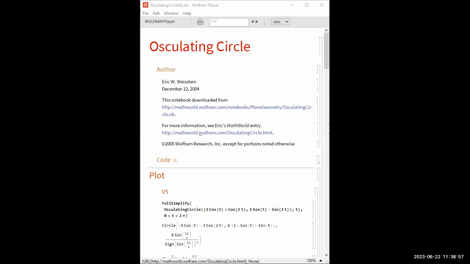Okay, this is again the application that I talked about the other day. I don't know whether it's going to be working or not. Let's try. You see, this is the one that we call osculating circles. Can you see it, the one that I'm showing you, the circle? You see, that's going to be the one.